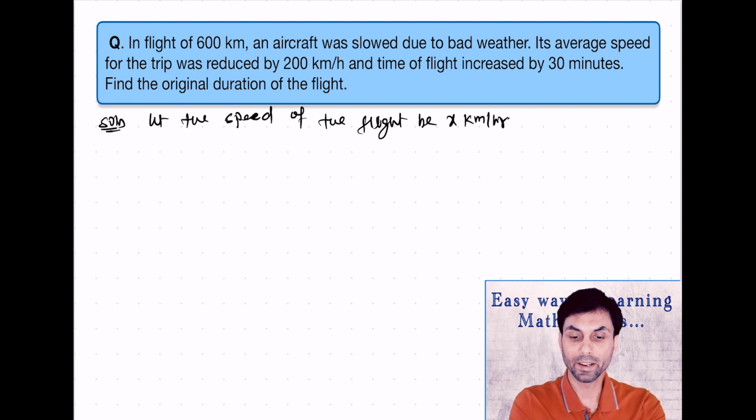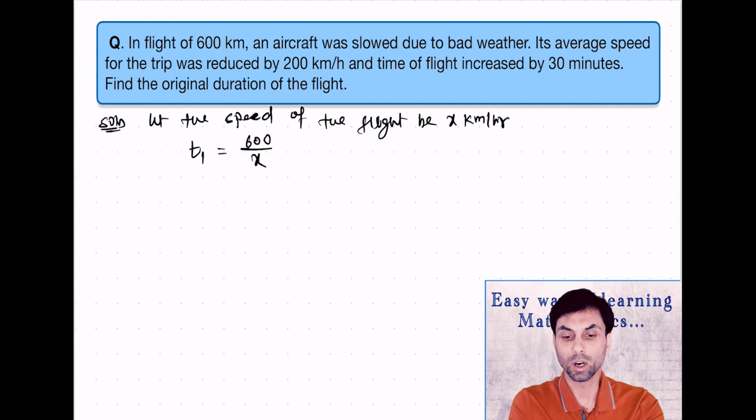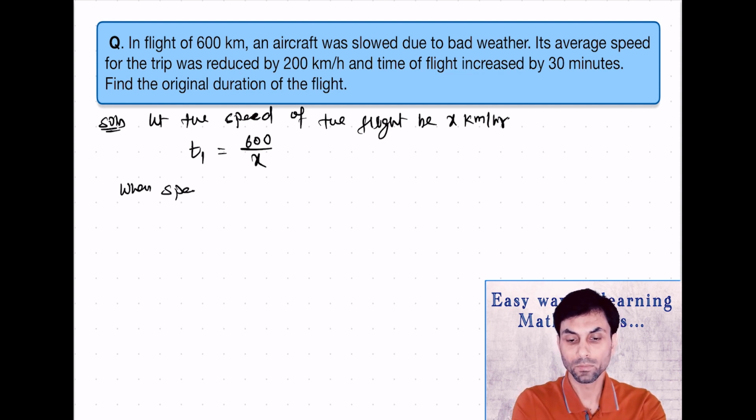So the time taken by the flight will be 600 upon x, which is distance upon speed. Now when the speed was reduced, then the new time, that will be t2, will be equals to 600 upon x minus 200.